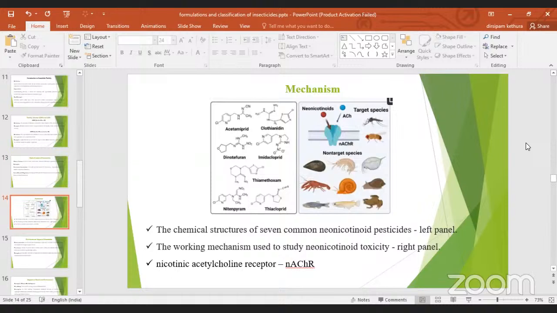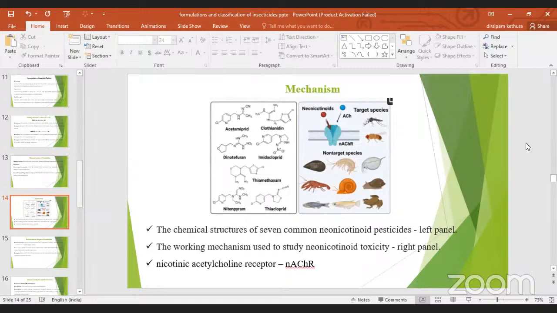If you could see here, the mechanism, towards the left side, in the left panel, you could see 7 common neonicotinoid pesticides, 1, 2, 3, 4, 5, 6, 7. Total 7 neonicotinoid pesticides are here.